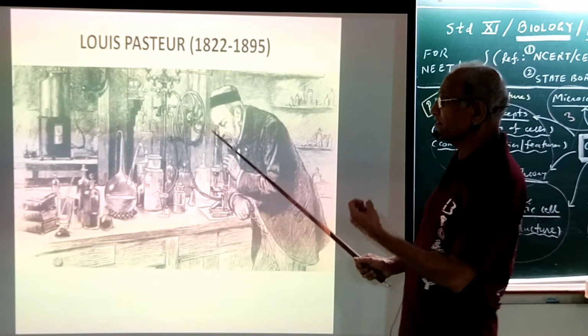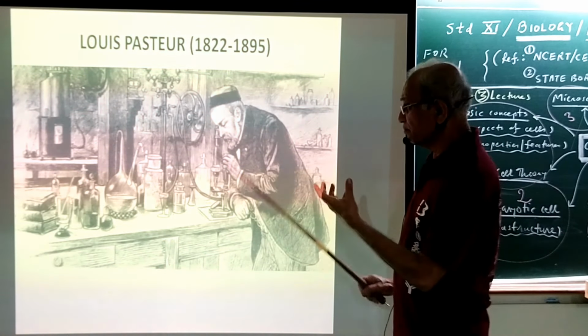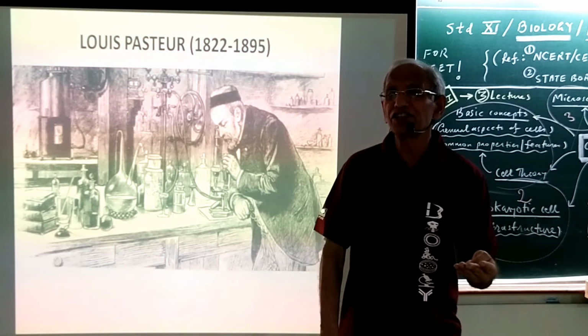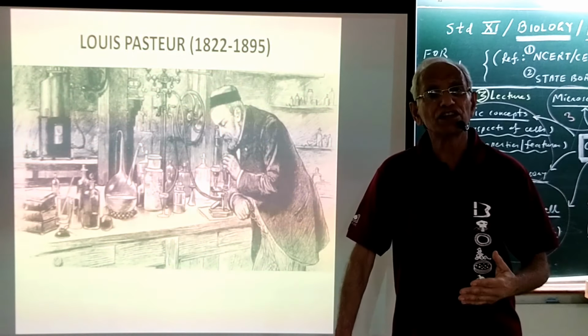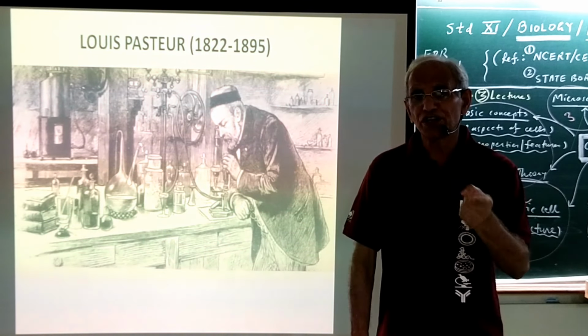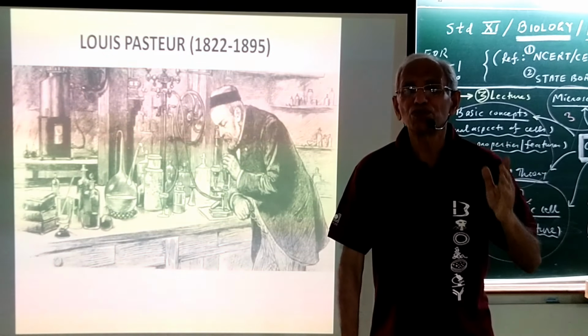He worked in the field of enzymes, and he made many vaccines. He was the first to show the cause-effect relationship between germs and disease. He was the first, along with Koch, in the Pasteur and Koch postulates, to say that diseases are caused by germs.